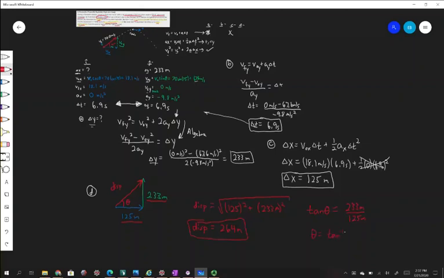Arctangent of 233 over 125 gives me an angle equal to 61.8 degrees above the positive x-axis. And this general approach of making these columns and figuring out which equations to use will work for any kind of projectile problem that you have to do.